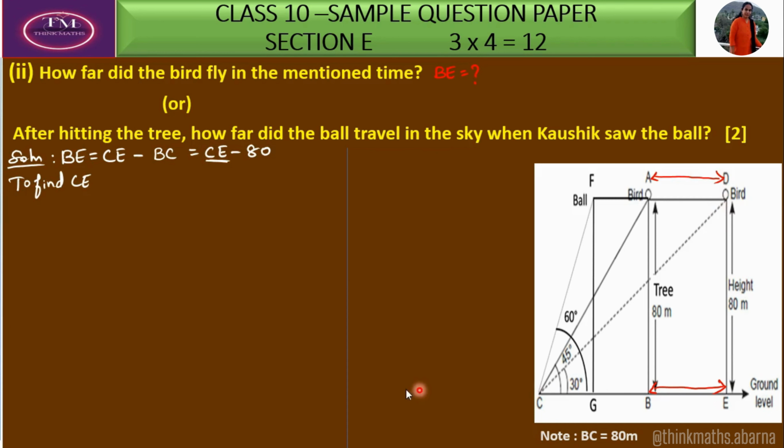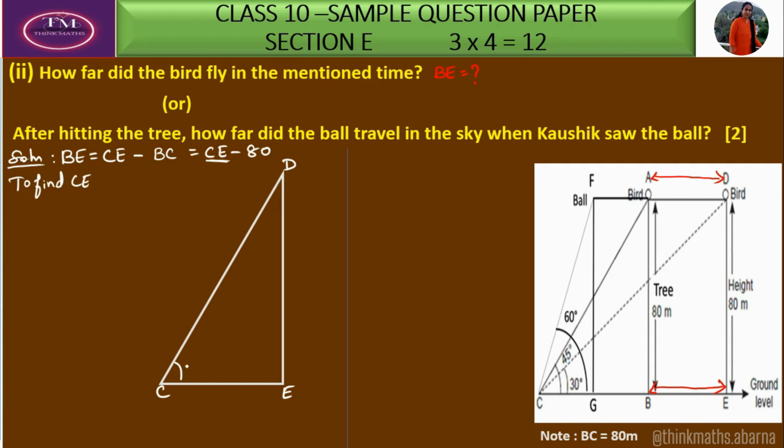So this big triangle. So let us draw the triangle. It is CED. So what angle does it make? So in this big triangle, the angle is 30 degree. So the bird makes an angle 30 degree when it flies away.